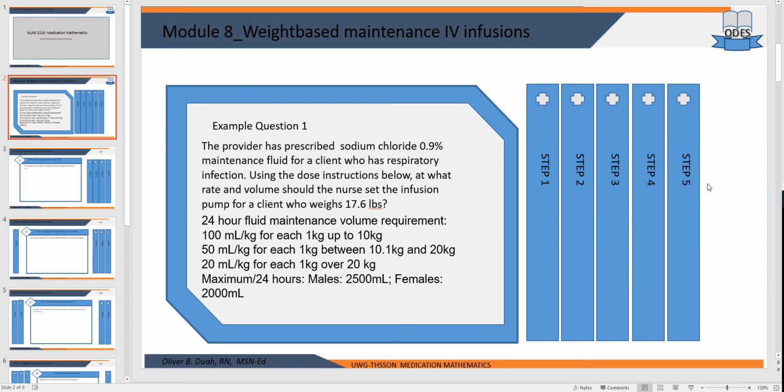We should give 50 mL per kilogram for each kilogram between 10.1 and 20 kilograms, and then 20 mL per kilogram for each kilogram over 20 kilograms. The maximum for 24 hours for males is 2500 mL, and for females it is 2000 mL. So let's go through our basic steps.